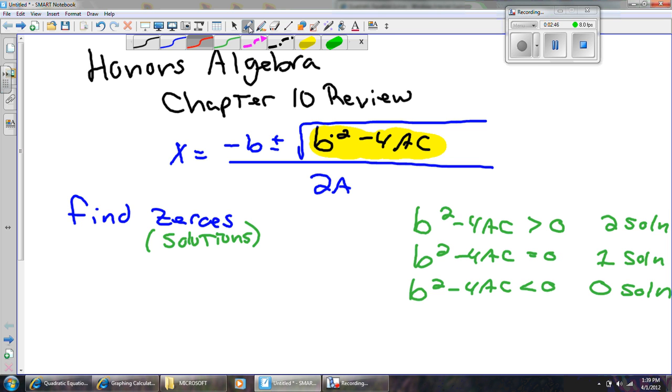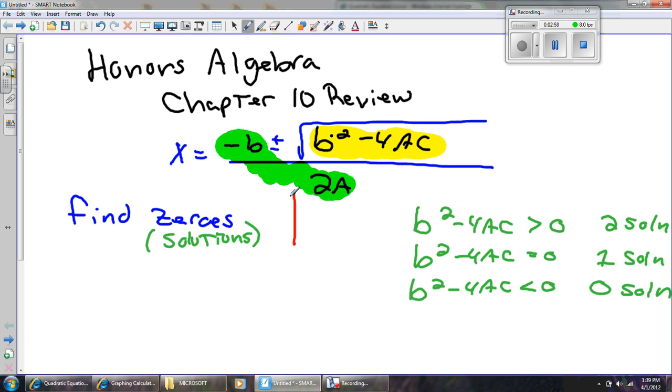Now, speaking of the vertex, this part of the formula right here, okay, that gets us the x-coordinate of the vertex, right? Usually the y-coordinate is not 0.